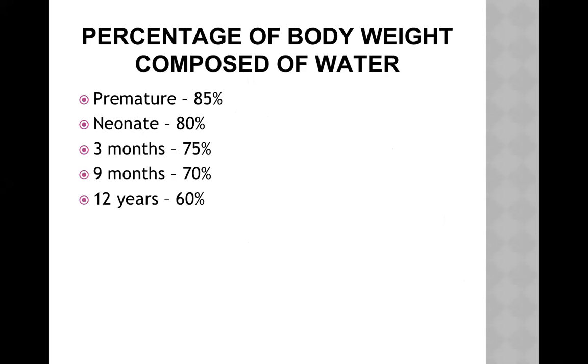Neonate, around 80. Around 3 months of age, 75% of the body weight is composed of water. At 9 months, it drops to 70. And in a 12-year-old child or adult, approximately 60% of the body weight is composed of water. 60%.